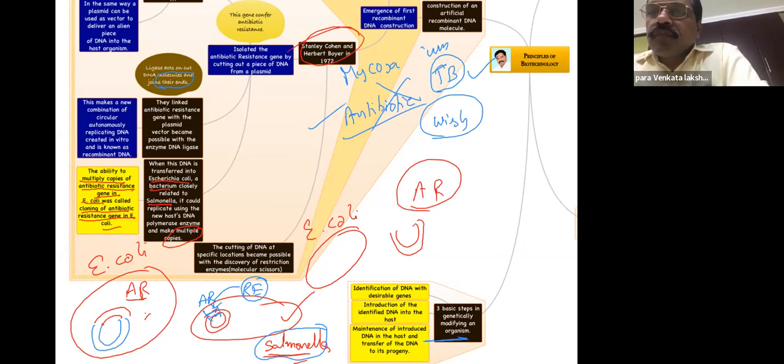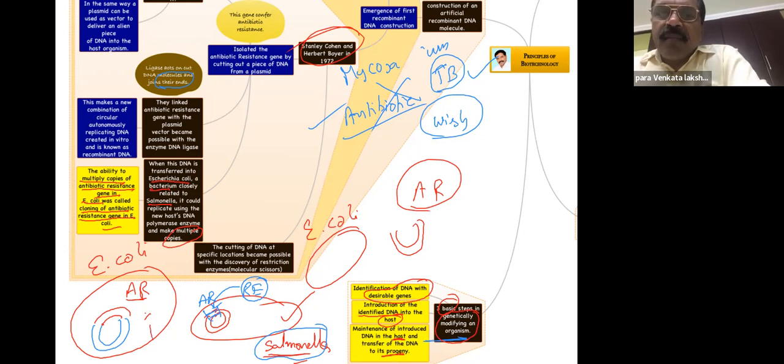Now, in genetically modified organisms, three basic steps are there. What are those three basic steps? Identification of the DNA with the desirable genes, then introduction of the identified DNA into the host, and maintenance of this introduced DNA in the host and transfer of the DNA into the progeny of this bacteria.